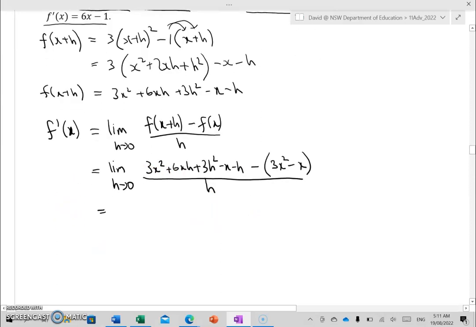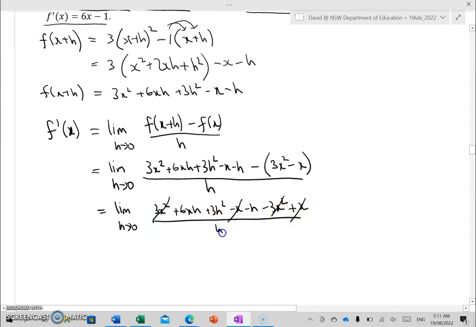Okay, hopefully you can see cancellations happening, but let's just expand the bracket first. So 3x squared plus 6xh plus 3h squared minus x minus h minus 3x squared, and negative times negative makes positive x. And always these x bits at the back will cancel with something at the front. So that minus x will cancel with that plus x, and we got over h. Okay, so now let's see what we've got left.